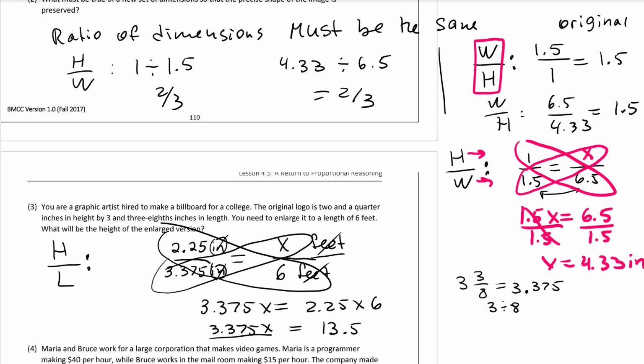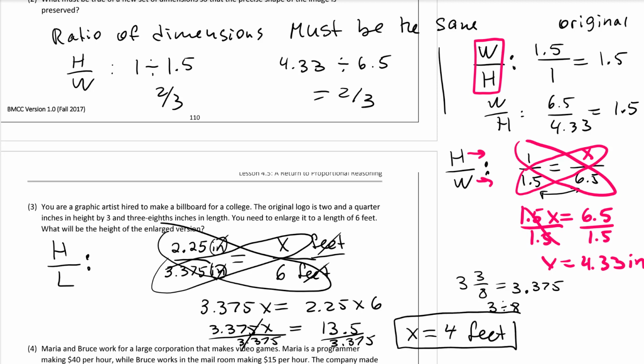Then we divide both sides by 3.375. So x equals 13.5 divided by 3.375. That gives you exactly 4, and the units will be the same, 4 feet.